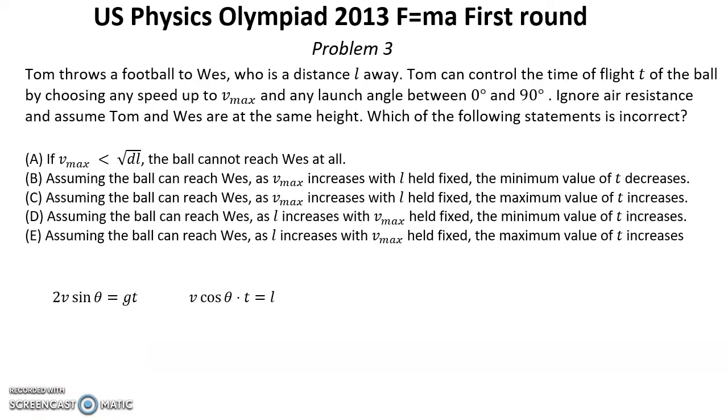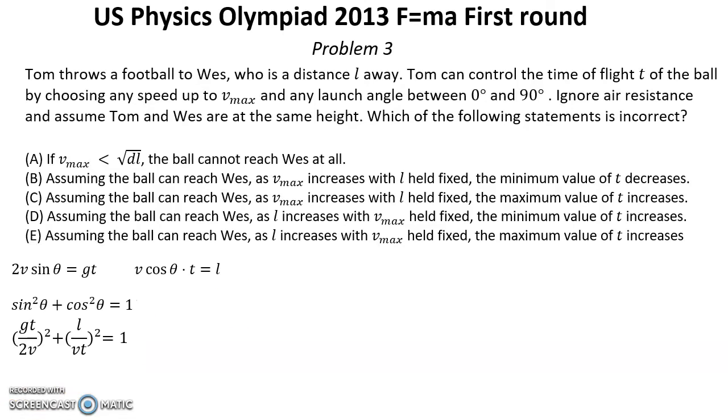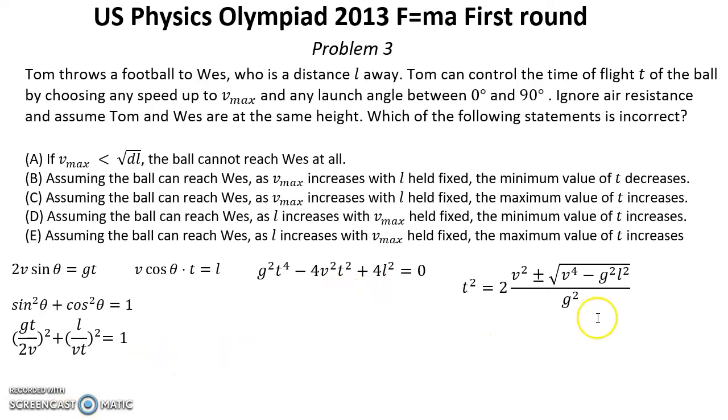Now we can use the formula sine squared theta plus cosine squared theta equals 1, which will give us this equation. And this equation we can turn into a quadratic equation for t squared. The solution of this quadratic equation will give us this expression.